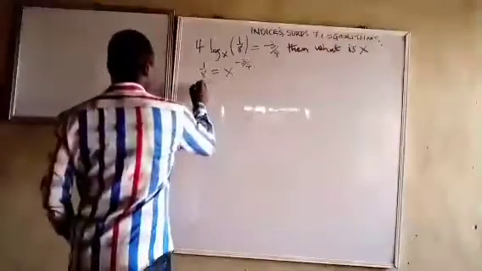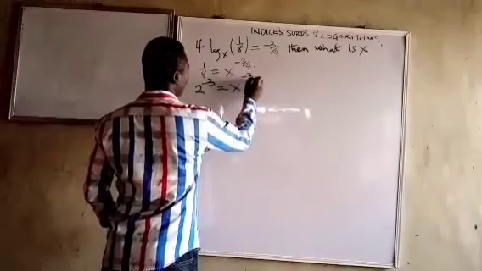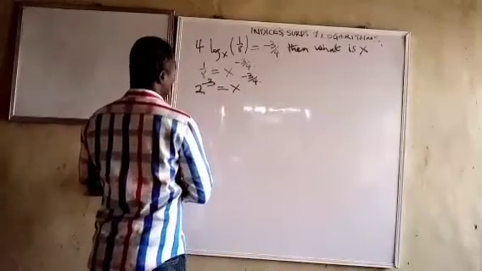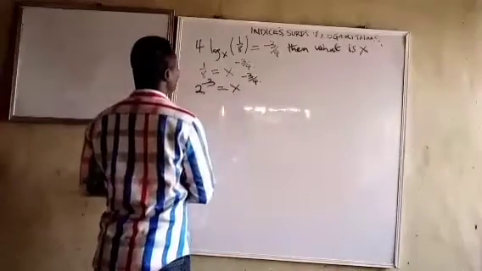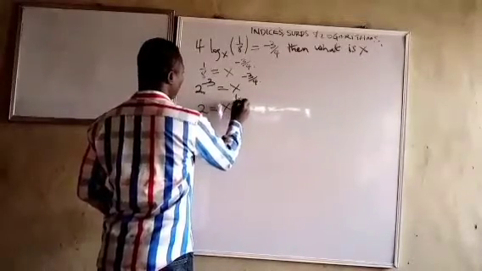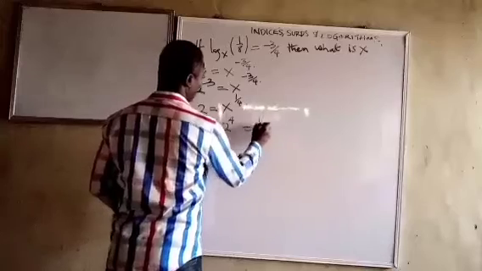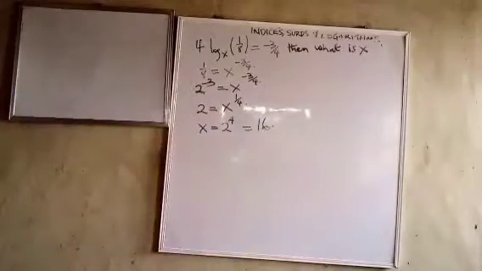It means that 2 raised to the power minus 3 is equal to x raised to the power minus 3 over 4. If we divide both powers by minus 3, it means that 2 is equal to x raised to the power 1 over 4. Therefore, x is equal to 2 raised to the power 4, which is equal to 16. So x in this instance is equal to 16.